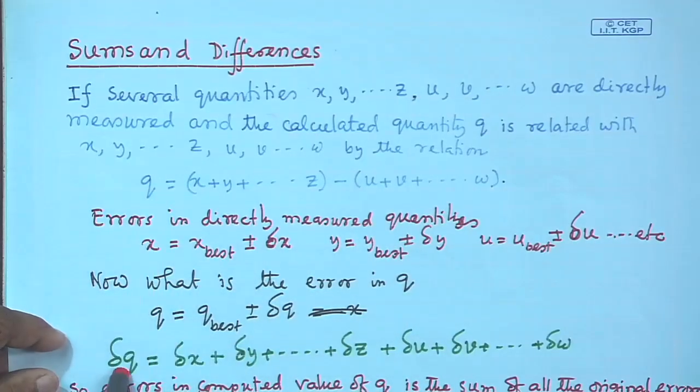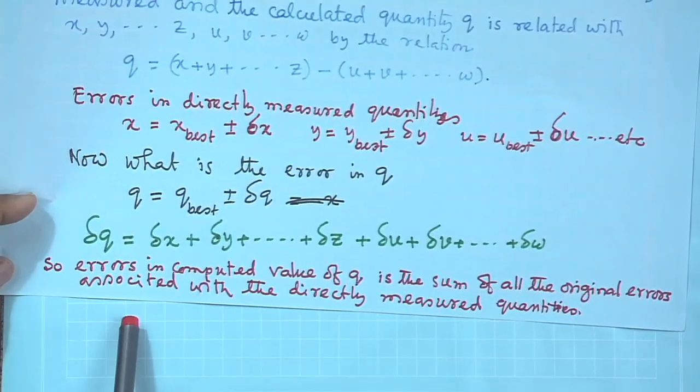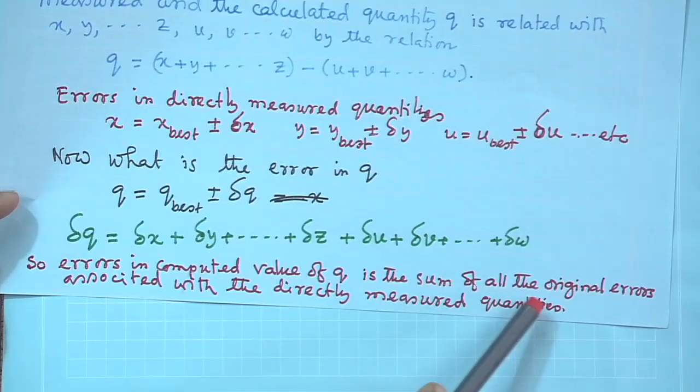So this delta q will be del x plus del y etcetera, del u plus del v etcetera. Okay. So the error in the computed value of q is the sum of all original errors associated with the directly measured quantities. Okay.